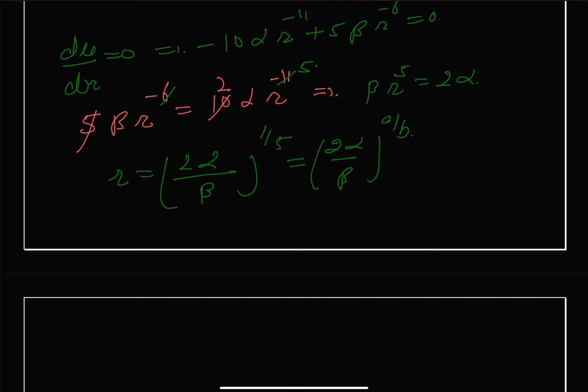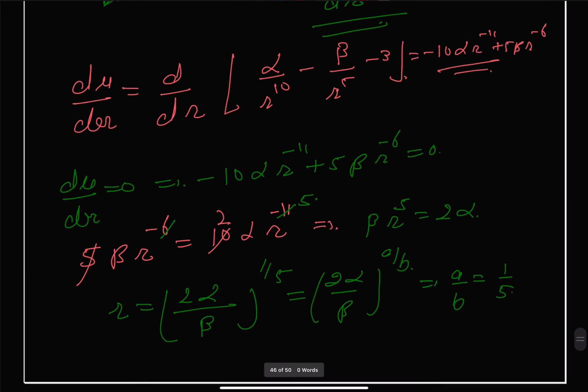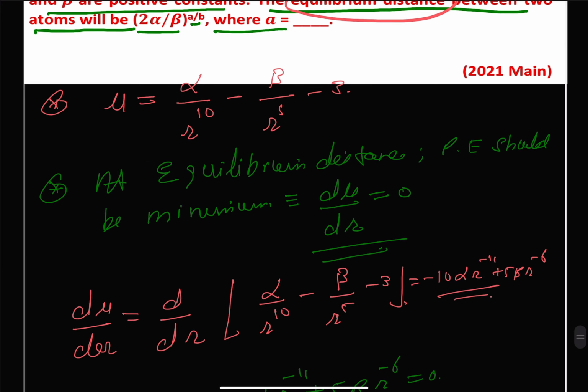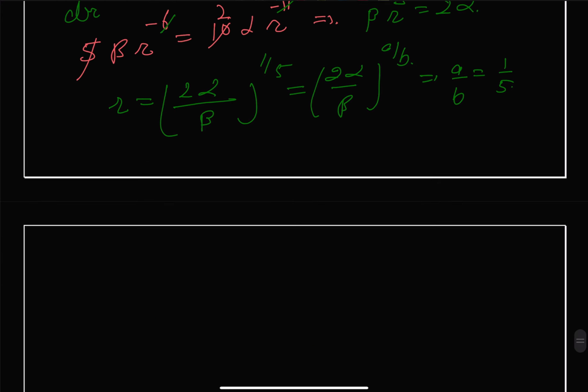So therefore we can say from here that the value of a upon b will be equal to 1 upon 5. So this gives us that the value of a is equal to 1.